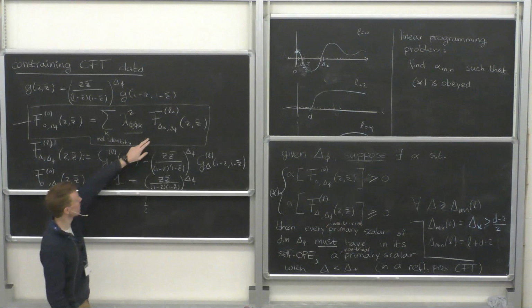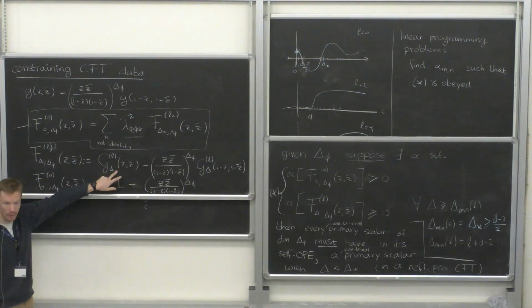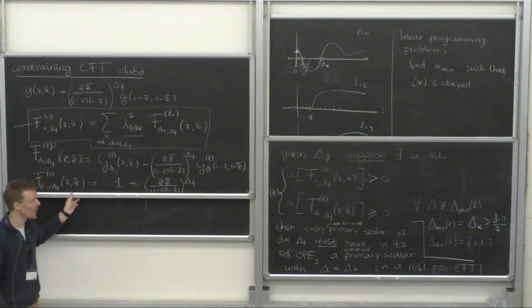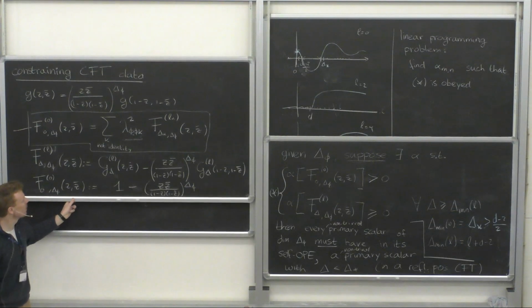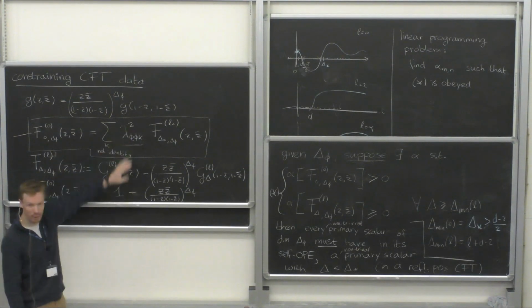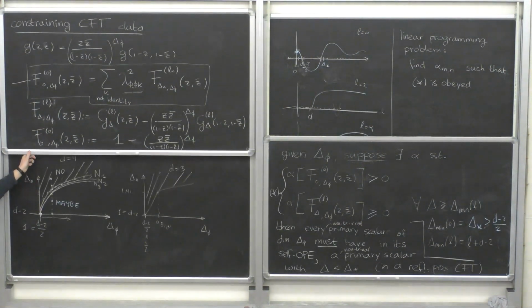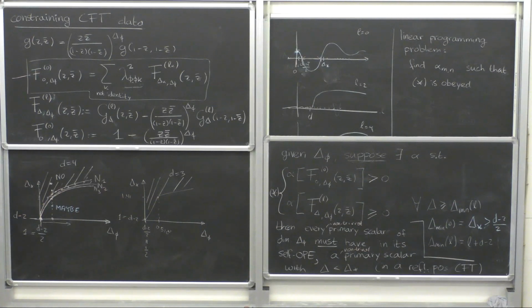So it's true that these things are nice functions of d, and you can compute them in d equals 3.5, because it's always a function of 2 variables and otherwise analytic in d. So yes, it's computable. But it turns out that there are negative norm states, and therefore the coefficients are not positive. It basically has to do with the epsilon symbol, which is only defined in integer d. If you build operators with 2 epsilon symbols, they're parity even, but they can have negative norms in non-integer d.